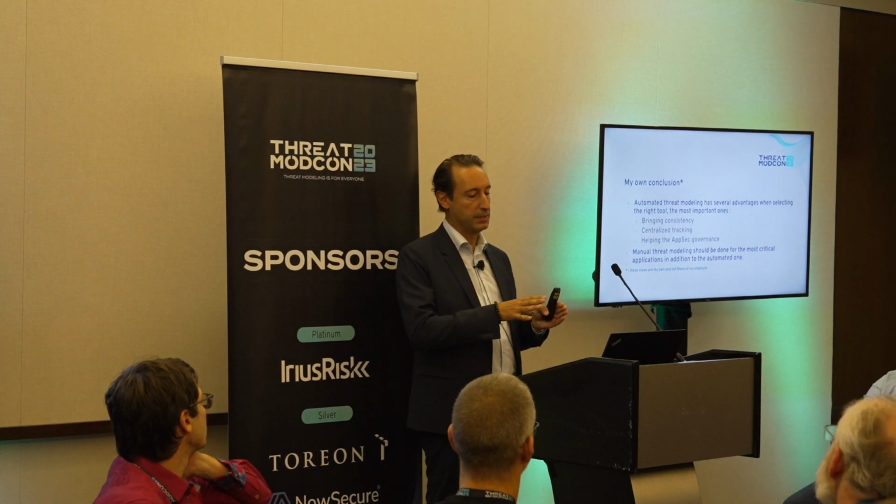And manual threat modeling should be done for the most critical applications in addition to the automated one. I mean, once the company has chosen the path of automated threat modeling, you should also continue to do manual threat modeling, at least for the most critical applications, to identify the so-called business abuse cases, which might be the easiest ones for hackers.